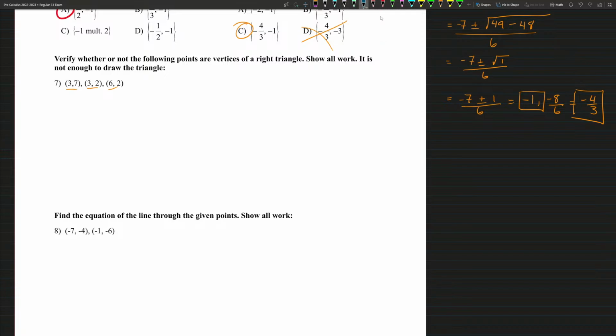So let's find the distance between these 2 points. And I'll write the distance formula right here.